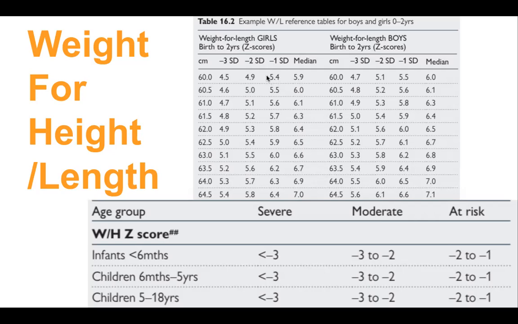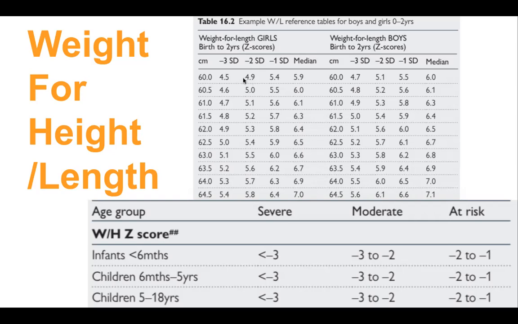The definition for moderate acute malnutrition is body weight less than -2 standard deviation. So in a 60 centimeter girl, less than -2 standard deviation, let's say 4.8 kilogram, less than 4.9, is having moderate acute malnutrition.